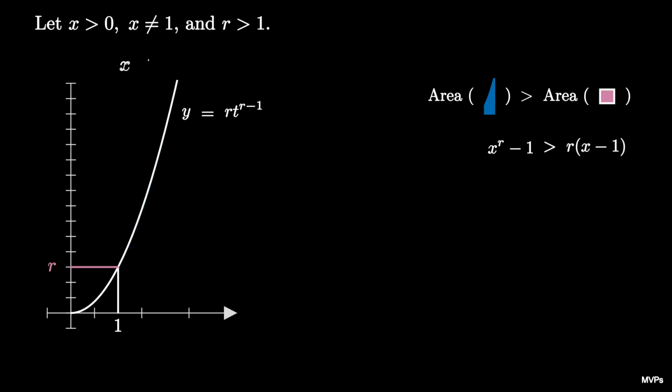When x is less than 1, we get a similar region lying above the x-axis and below the curve y = r t^(r-1) between x and 1. This time, however, the area of the region is bounded above by the rectangle with height r, lying over the interval from x to 1.